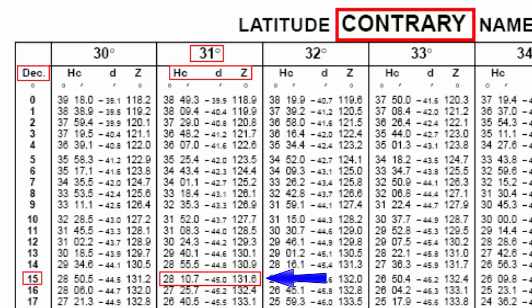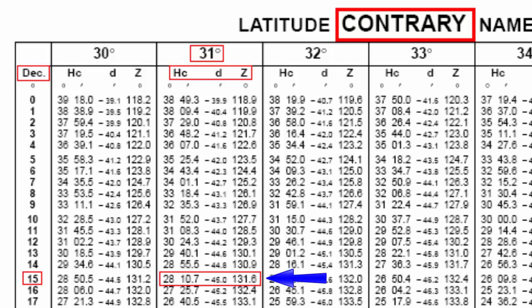My little d is minus 45, and that minus 45 is simply the difference between 28 10.7 and 27 25.7, because we're going to use that as an interpolation factor to figure out our minutes of declination as a next step. And our Z is 131.6.